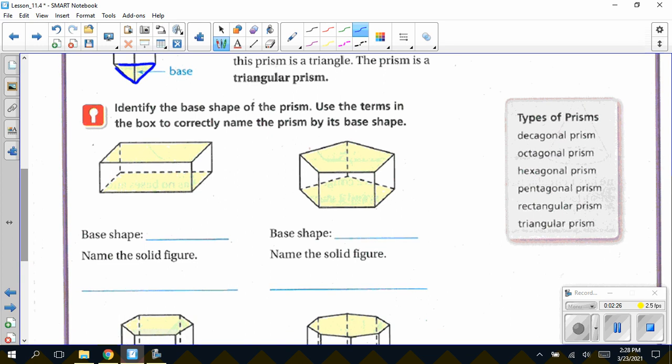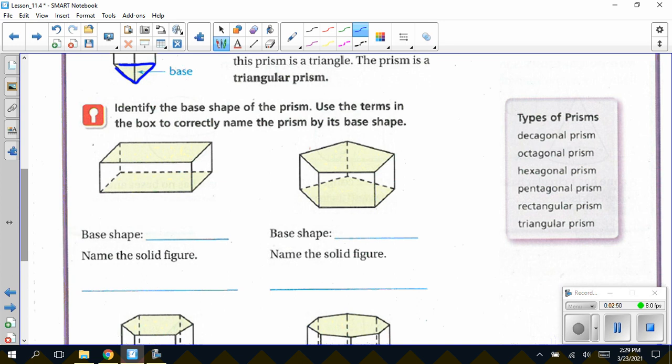So going down, talking about other prisms, we have to identify the base shape before we can then name the solid figure. So the first shape, the base shape is in like a light green in your textbooks, but almost yellow looking on the video. The base shape, those green areas are both rectangles.